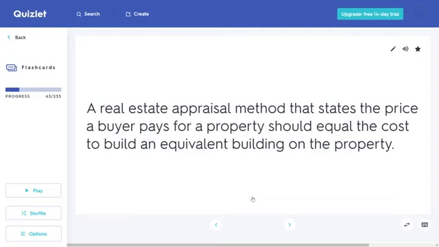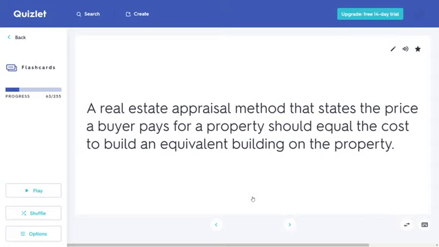A little bit of an explanation on this one: let's say somebody built a house last year, and they sold the house, and then the appraiser comes in and appraises the house. Well, they're going to look at how much it costs to build that house because it's relatively new. Here's the thing: this appraisal method is not going to work if the house is from like 1920 or 1930.